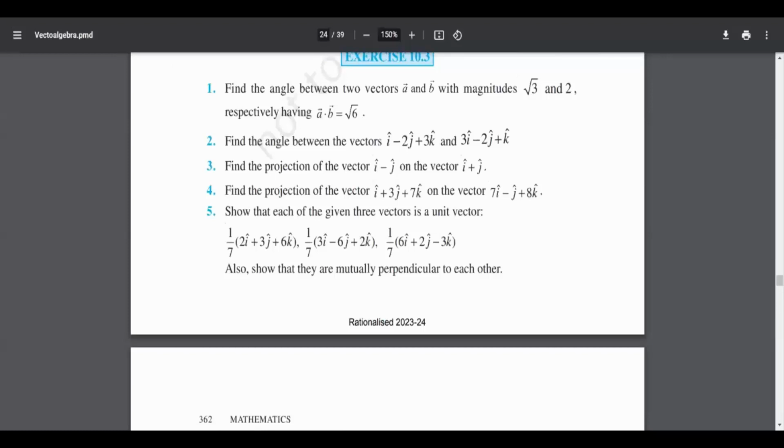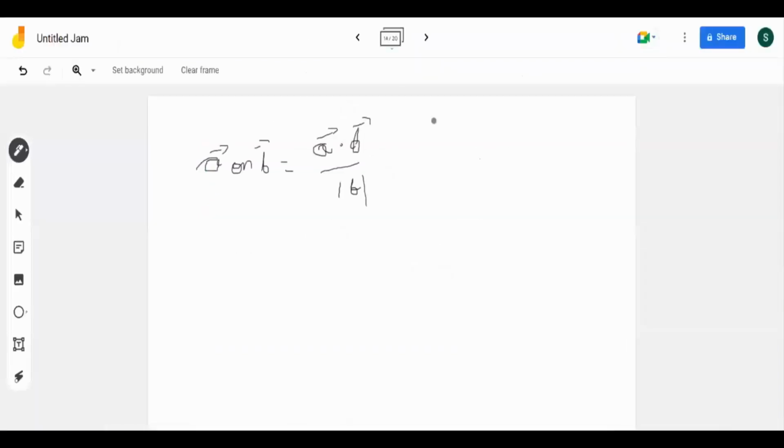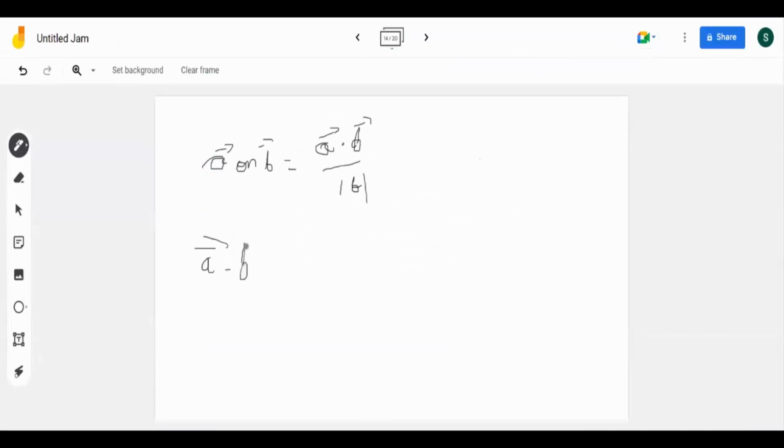So let's move on to question number 4. Find the projection of this vector. This is kind of similar, A dot B by mod B. A dot B is 7 minus 3 plus 56, this is 60.